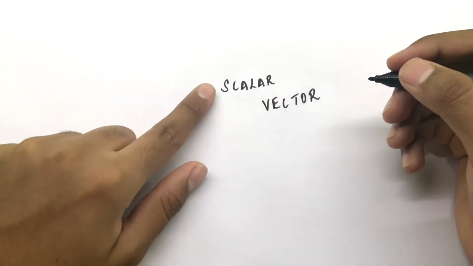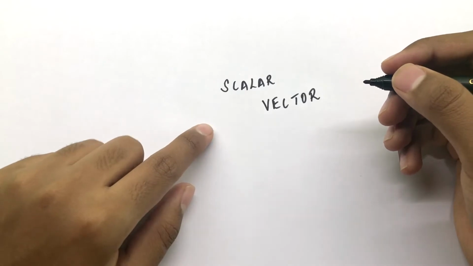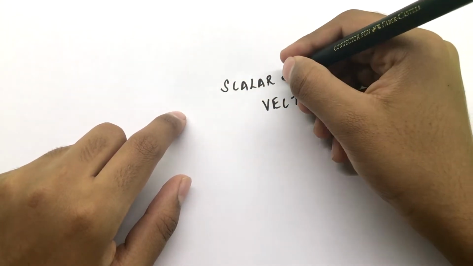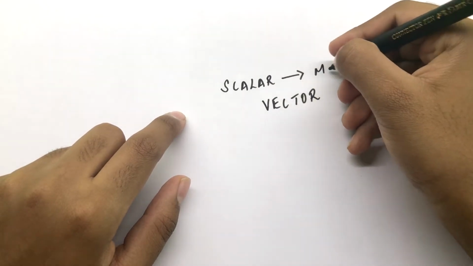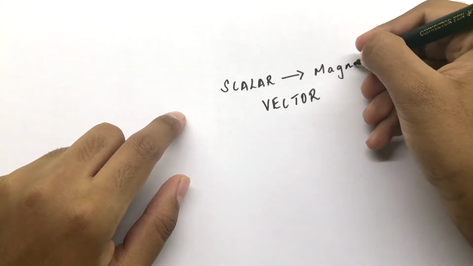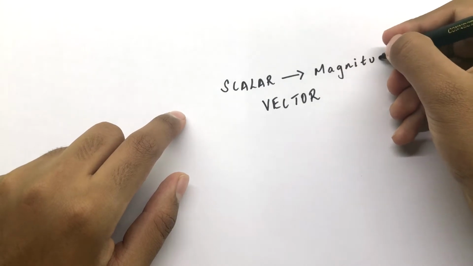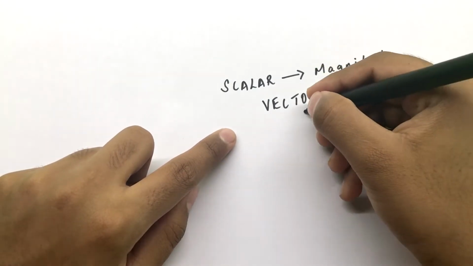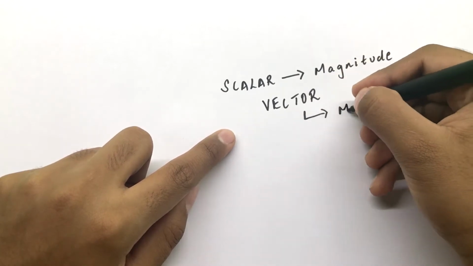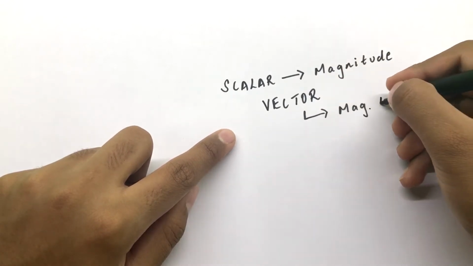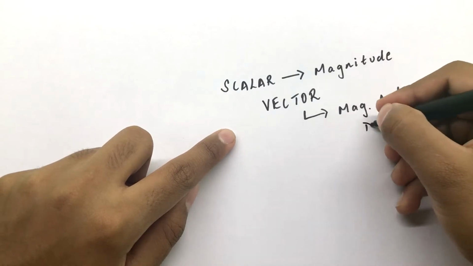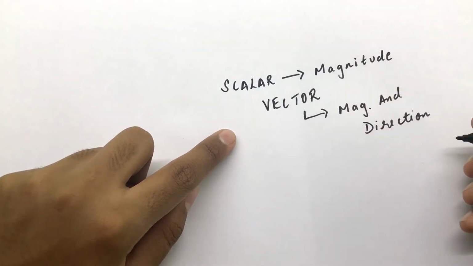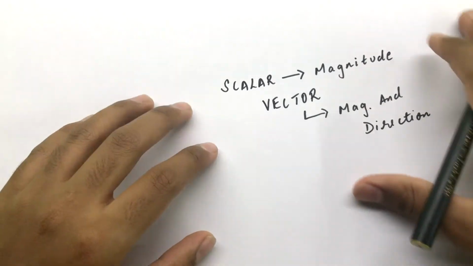In scientific terms, a scalar quantity is any quantity which has only magnitude, but a vector quantity is a quantity which has both magnitude and direction. This is the basics in scientific terms.